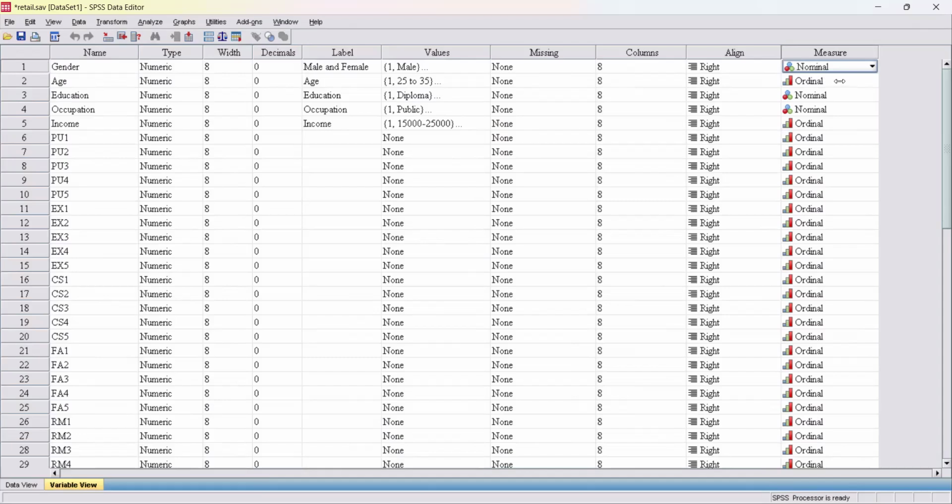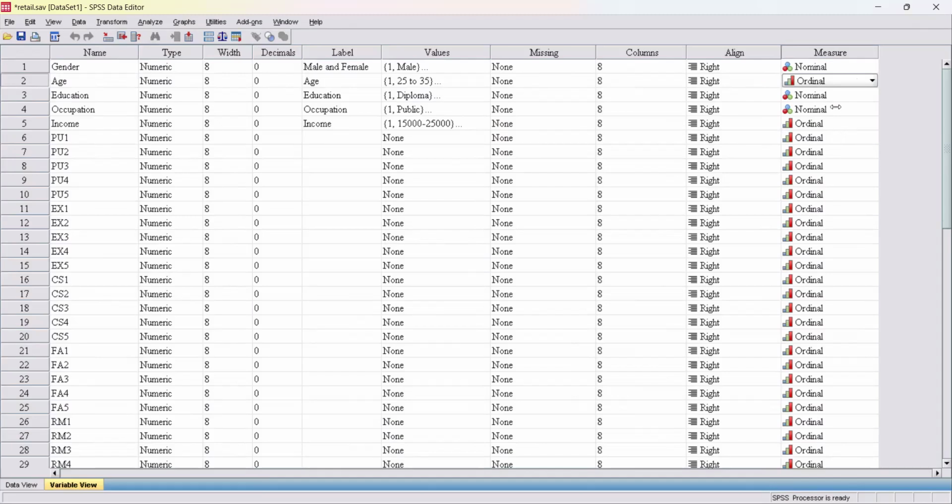So ordinals are also categorical variables with a meaningful order, but no equal intervals between the categories. We can say, when we are calculating factors, we can say strongly agree or disagree. So this is normally non-parametric.